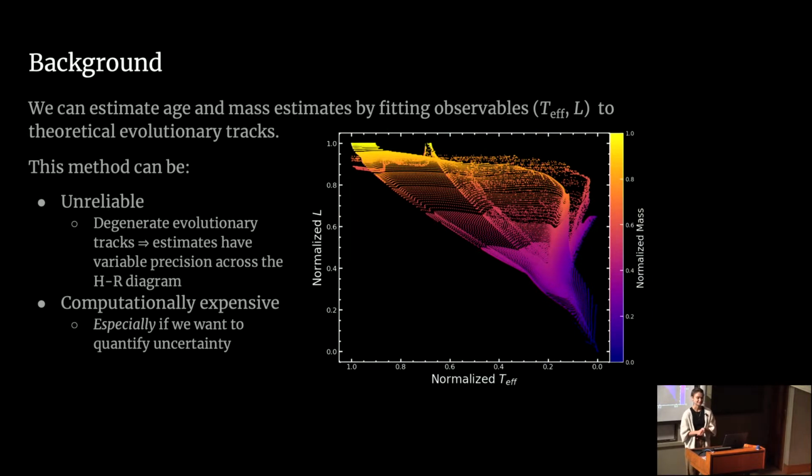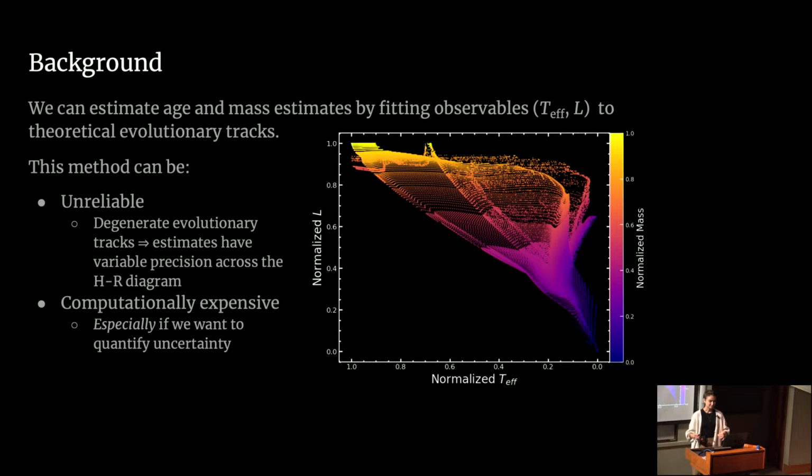However, age and mass are not directly observable when we observe stars, and so what astronomers often do instead is fit more observable parameters like temperature and luminosity to the predictions of theoretical stellar evolutionary tracks or isochrones, like the ones I'm showing in this plot of luminosity versus temperature, also known as the HR diagram.